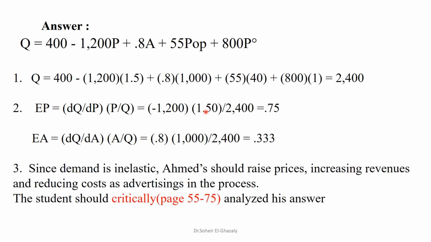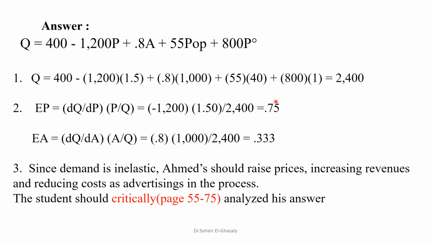He is selling his old-fashioned shawarma sandwiches at $1.50. Yes, $1.50 over Q. This is the number, Q over Q, equals 0.75. Of course, 0.75 is the same as 0.75.